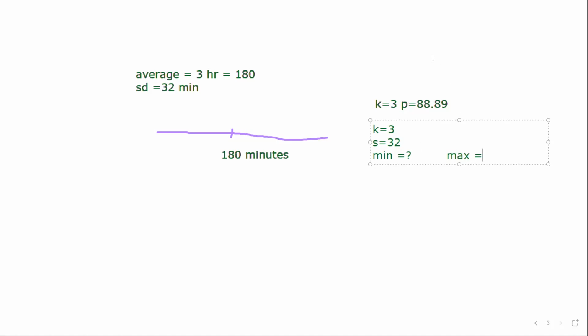Can you figure it out from there? Remember, you have a formula. X minimum is going to be the mean minus KS, and X max is going to be the mean plus KS.